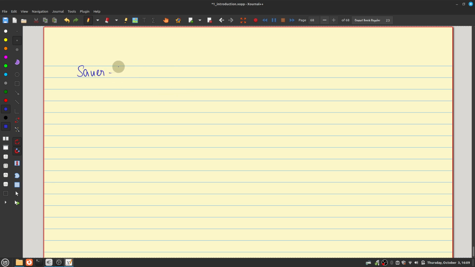So the main bound is this result by Sauer and Shelah, which says that the growth function for any hypothesis class can be upper bounded by the summation over i equal to 0 to the VC dimension of n choose i.